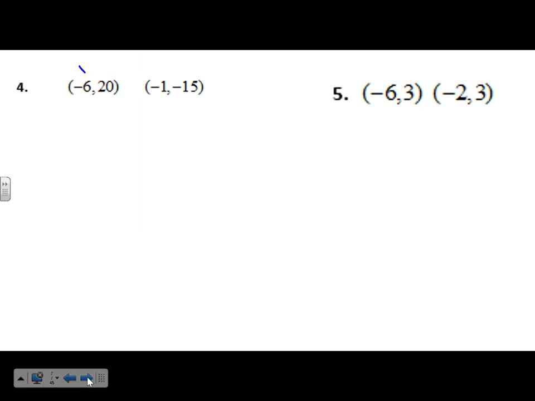And I'm going to keep going, x1, y1, x2, y2. I'm going fairly quickly through this, so I probably will make a mistake somewhere. I apologize ahead of time about that. Negative 15 minus 20 over negative 1 minus negative 6. Negative 15 minus 20. Again, a lot of people put negative 5 for this one. Negative 15 minus 20 is negative 35. I maybe even said it wrong the first time.